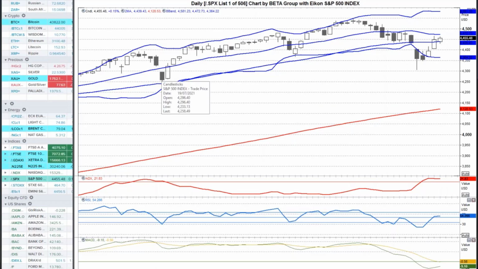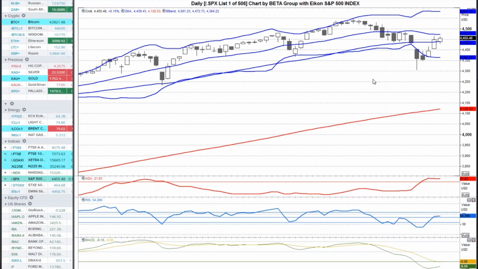Very important: really breaking 4,233 would be very destructive for the psychology of it. I think we've got this toppling pattern here, which could give us a weak period for the next couple of weeks, 2 or 3 weeks, into the middle or latter part of October.